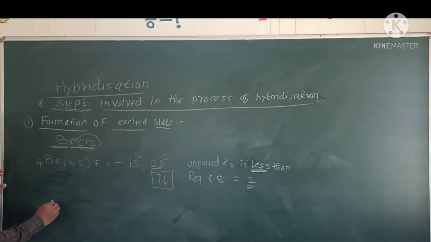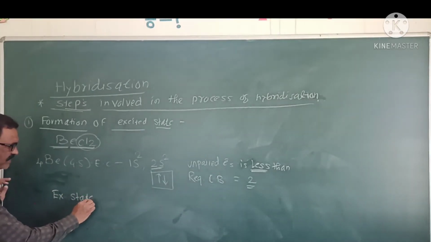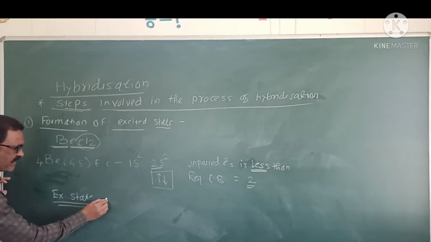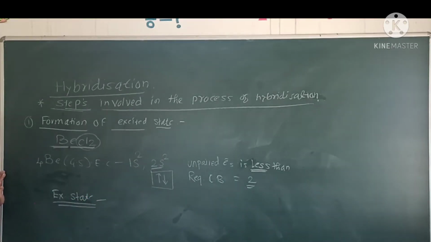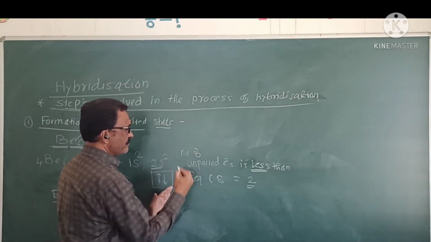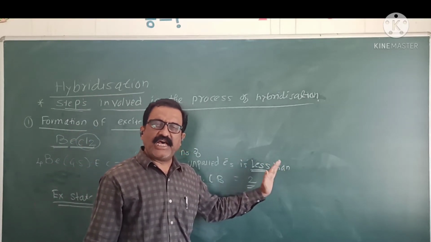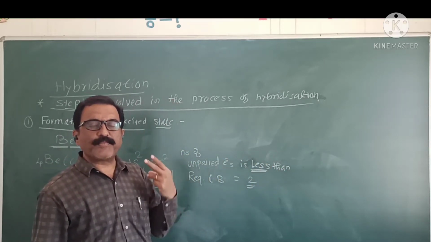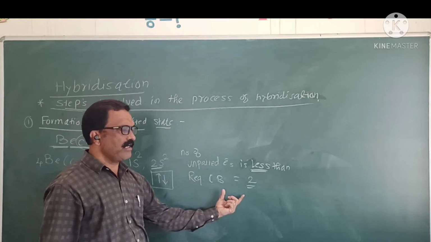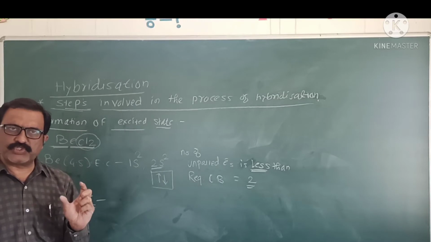then excited state electronic configuration is essential. Here the required number of covalent bonds is 2 and the number of unpaired electrons is 0.